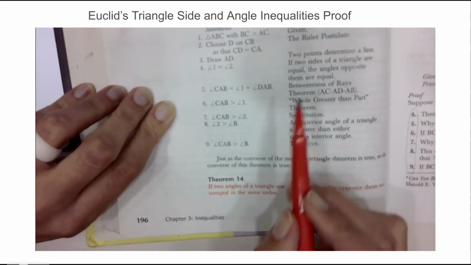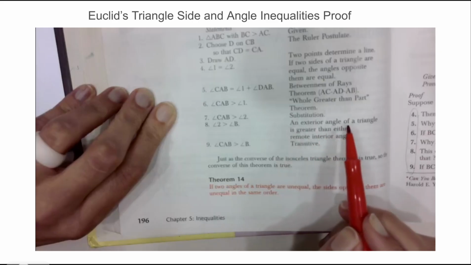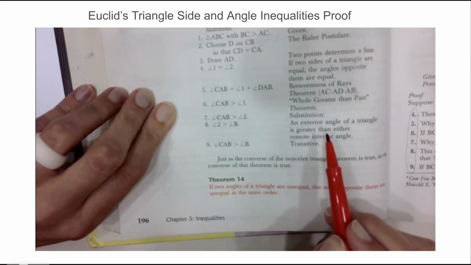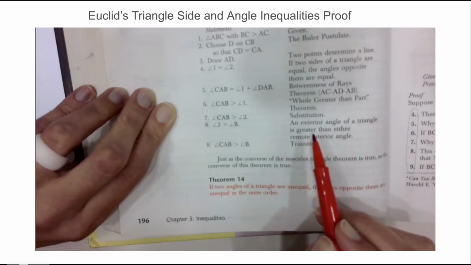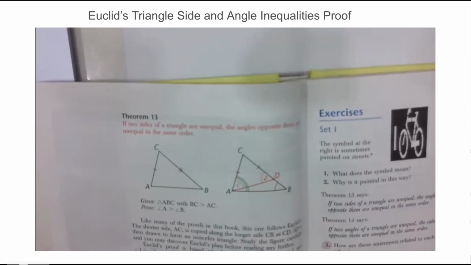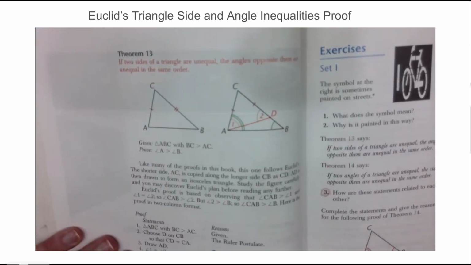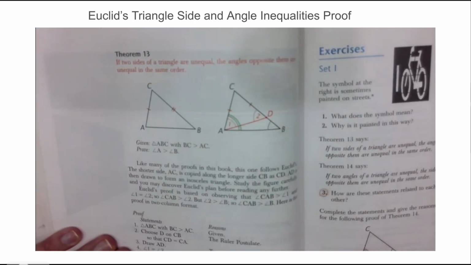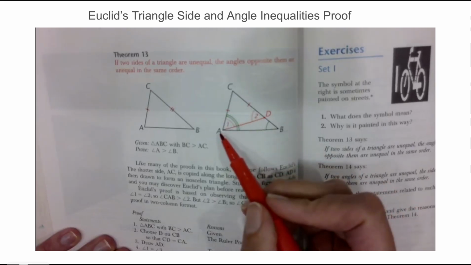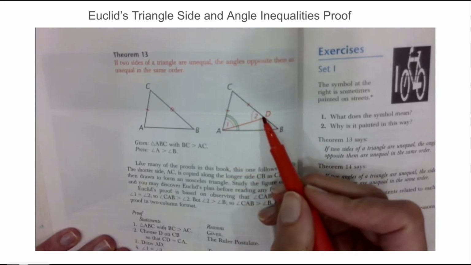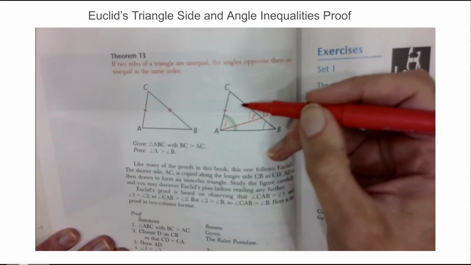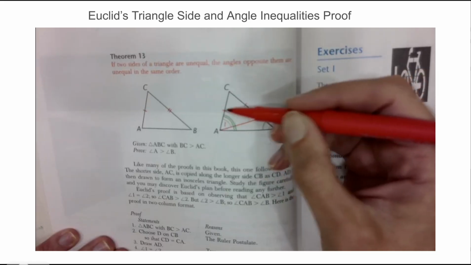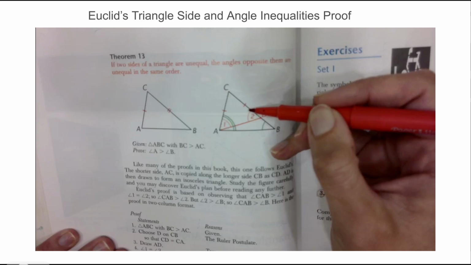How do we know that? Well, an exterior angle of a triangle is greater than either remote interior angle. So let's look at this. Back to our original triangle, it said that CAB is greater than angle 2. So this is an equal-sided triangle, right? So we know this is longer.